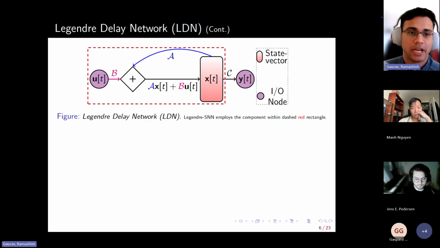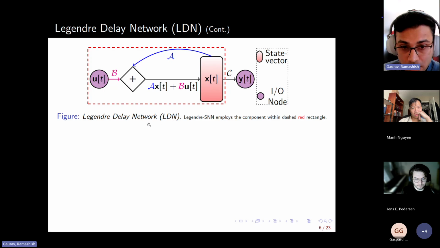Okay, continuing on that, this is a much clearer pictorial representation of the LDN. You have got your input u(t). It has to be multiplied by B, and then the current time step's state vector x is multiplied by A, and eventually you sum them up to obtain the next time step's state vector.